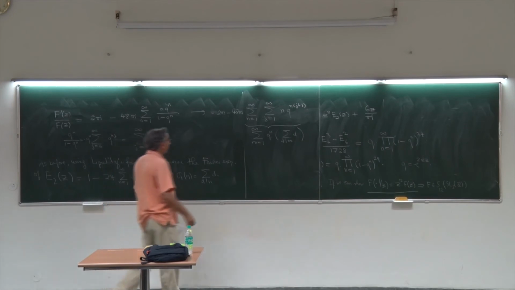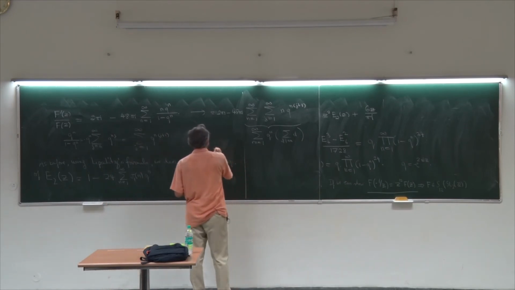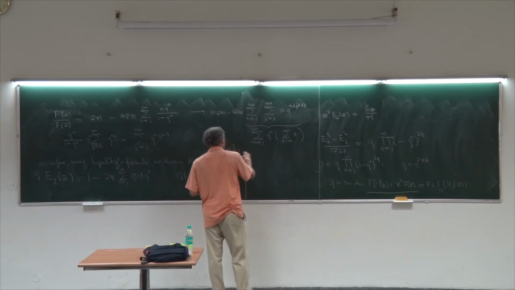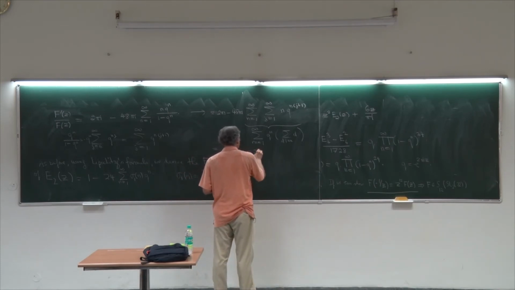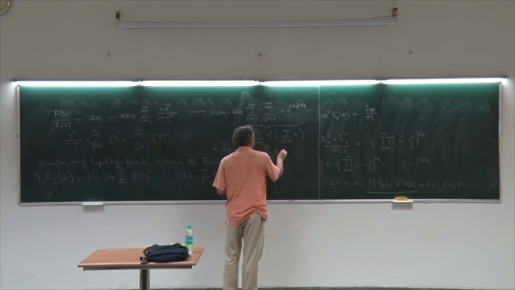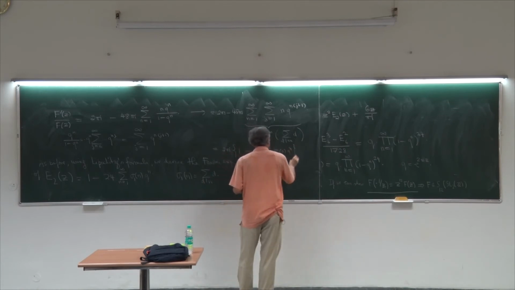So what we get finally is that this is equal to 2 pi i times 1 minus 24 summation, well, let's change variables now, n going from 1 to infinity, sigma of n q to the n.